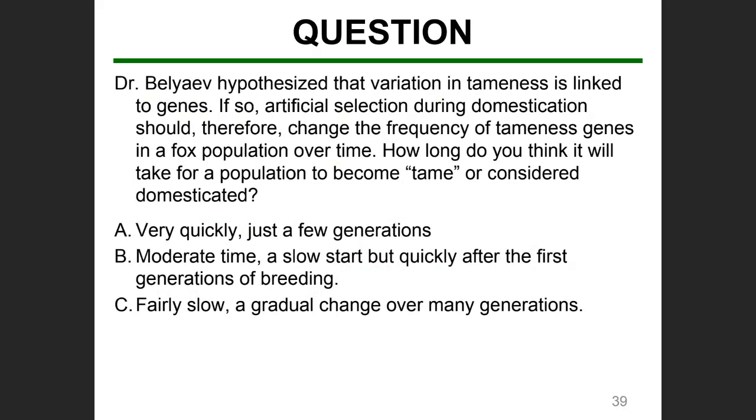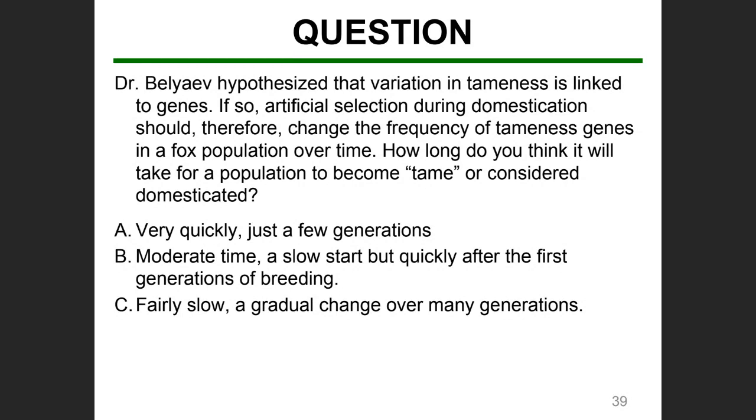So he hypothesized that there's variation in tameness. They have all these cages of wild foxes, and some are naturally a little less aggressive towards humans than others. And he thought that would be genetic and not a learned trait. If it's genetically based, there's variation and it's inherited, then he could select for tameness, right?